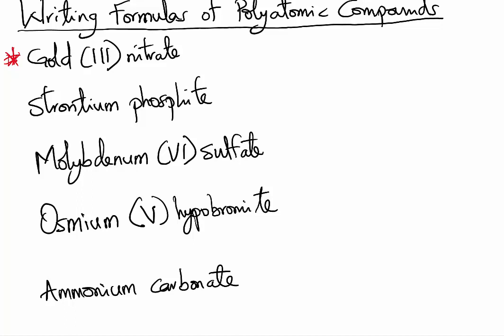And this is very easy to do because we know that gold has a charge of +3 as given in the name. So we have gold with a charge of +3. The polyatomic ion here, nitrate, we know the formula. It is NO3 with a charge of -1.